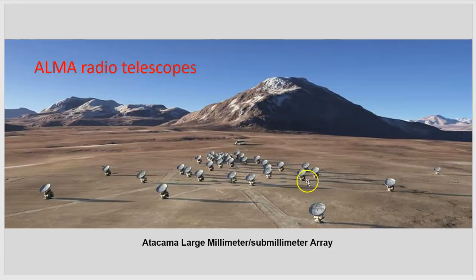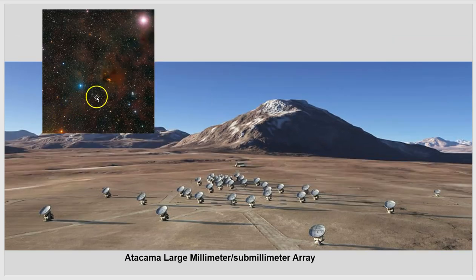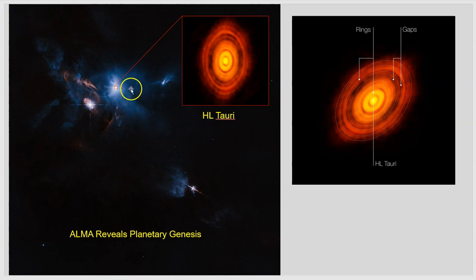In Chile, there's the array of radio telescopes at the Atacama facility, and these telescopes were recently pointed at a patch of sky looking at one particular star called HL Tauri. And here we see the bit of the nebula they were pointing at, and at the center of this image is the star HL Tauri.